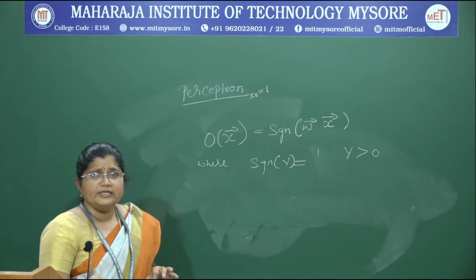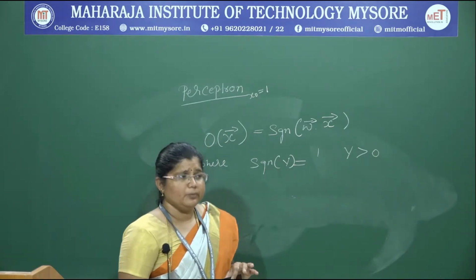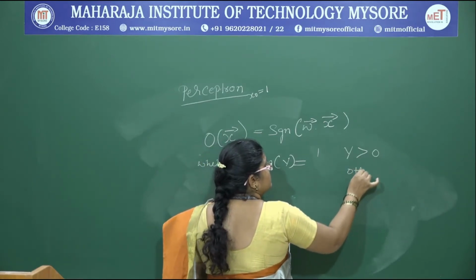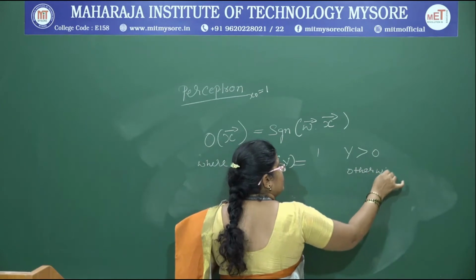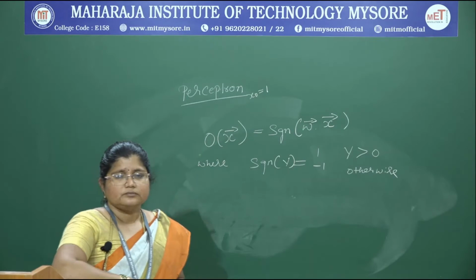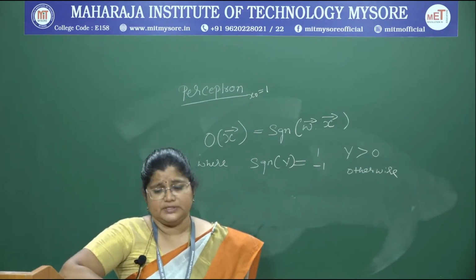If the output y is greater than 0, then the output of the perceptron will be 1, otherwise minus 1. So this is another way of representing the output of a perceptron.